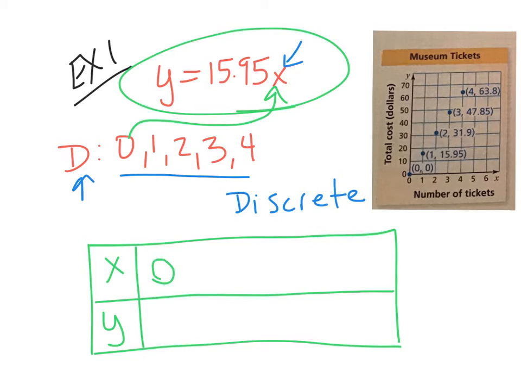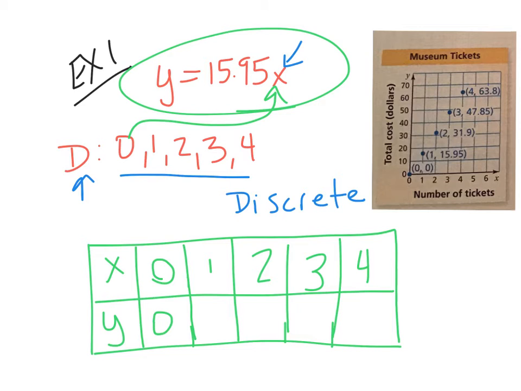So our x values are 0, 1, 2, 3, and 4. Okay, so for each time we do this, we're going to plug in 0 where that x is. So you have 15.95 times 0, so y equals 0.